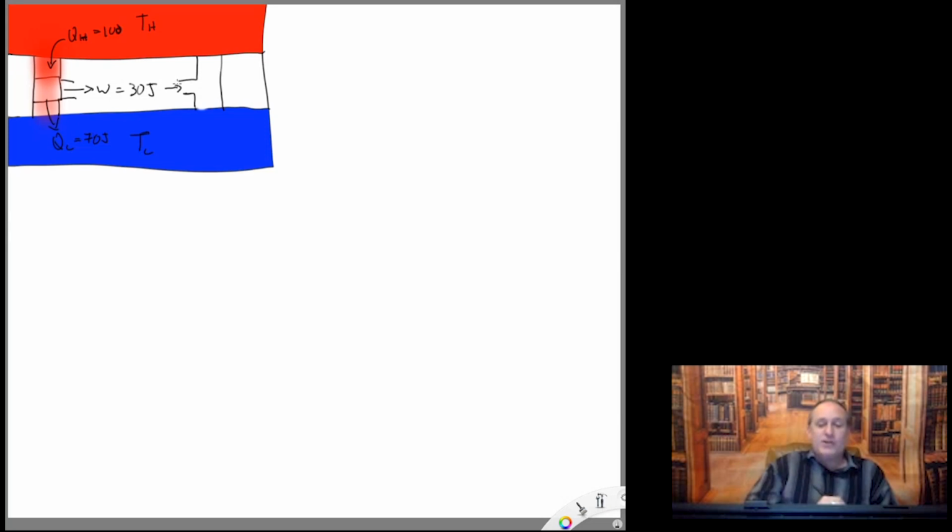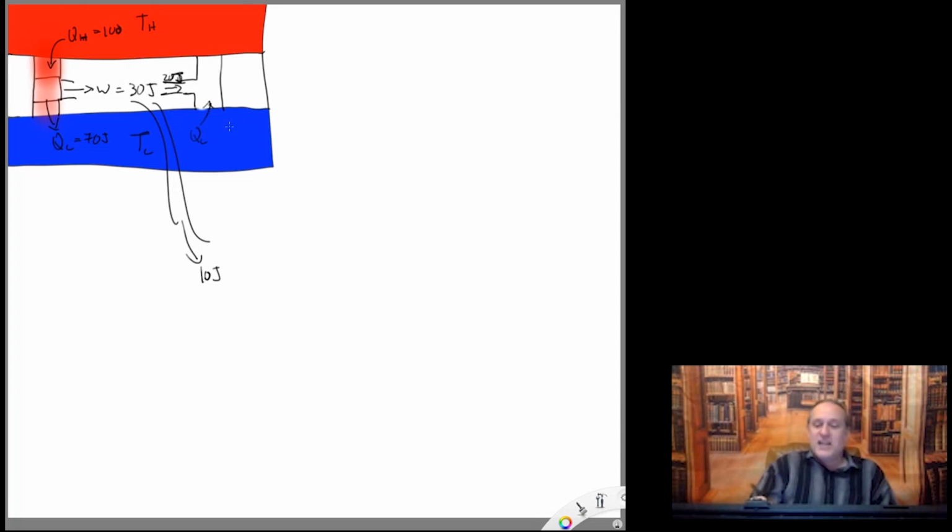So if we put that 30 joules of work in, actually, let's just take 10 joules of the work and use it for something, and then we have 20 joules left to feed into Carnot's refrigerator. I'm just doing that because the math then becomes easier for me.